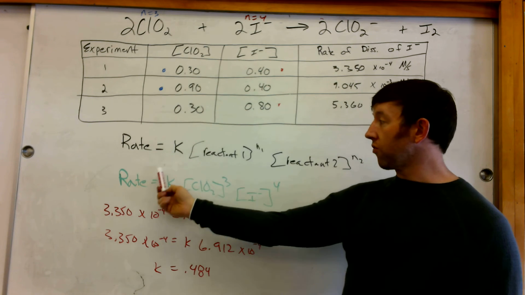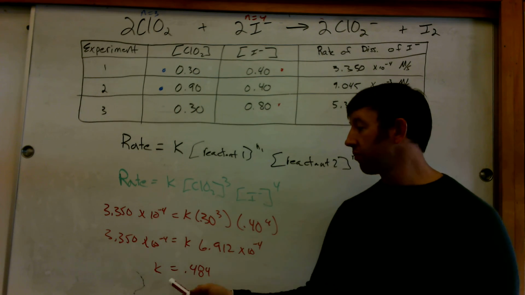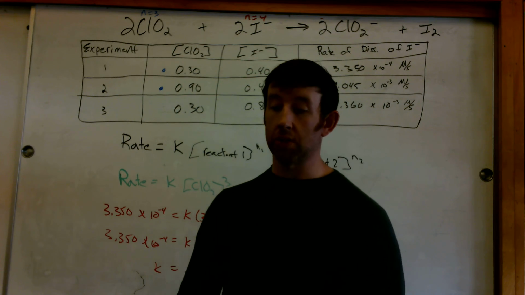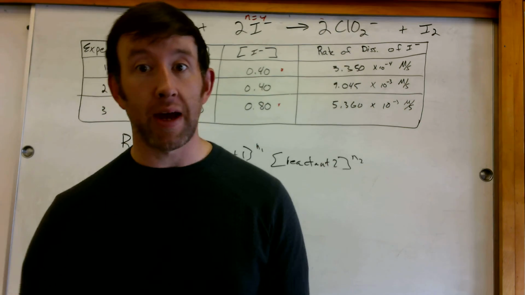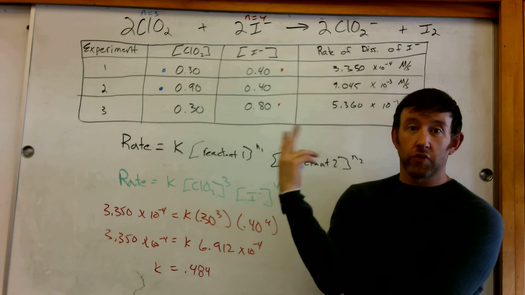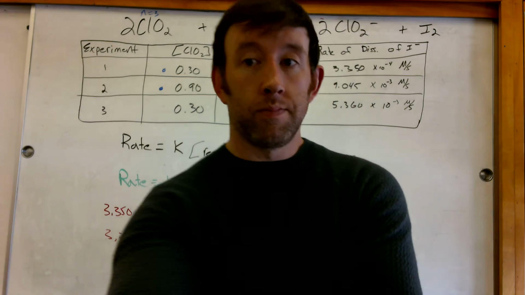Then we plug that into our rate law equation, plug our numbers in, and solve for our rate constant. Once we know that rate constant, we can then make predictions about how fast that reaction will go when we have various concentrations of our two reactants. And away we go. All right? Keep to it.